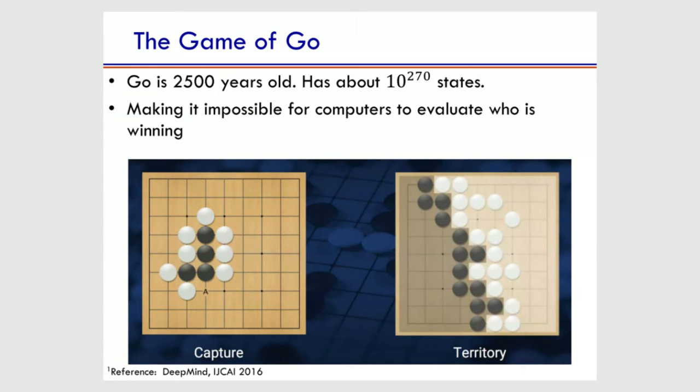There are two players, black and white, and each player's objective is to capture as much territory as possible. So in this example, this is a territory captured by the white player. This is a territory captured by the black player, for example. Or it doesn't have to include boundaries like this. You could have a white player capturing territory all around the black player, for example.